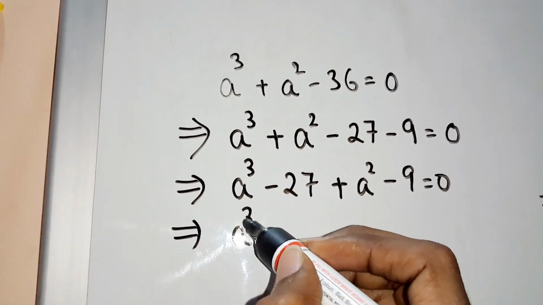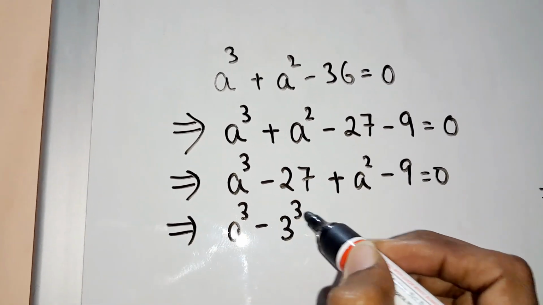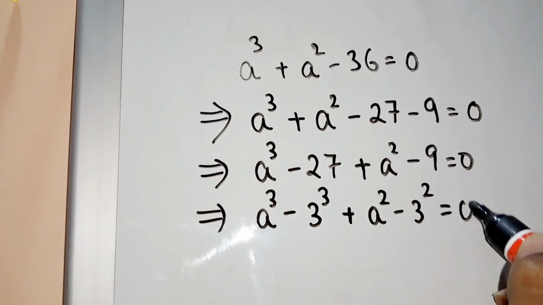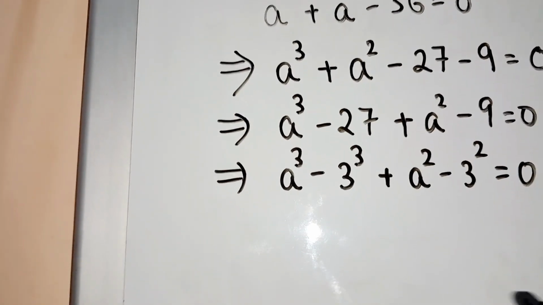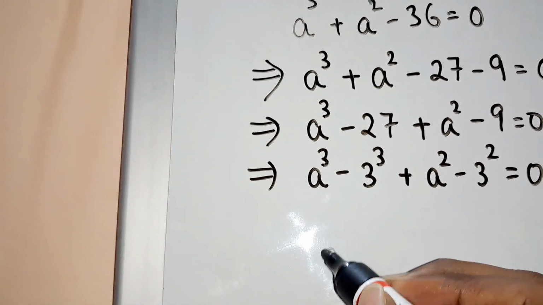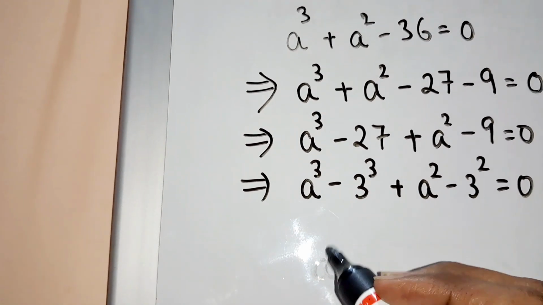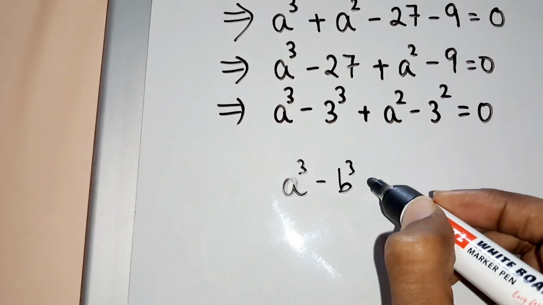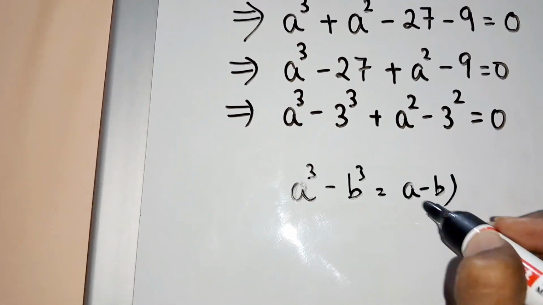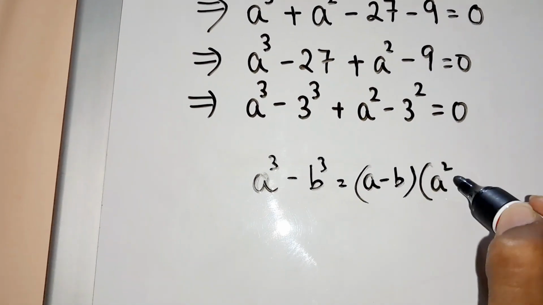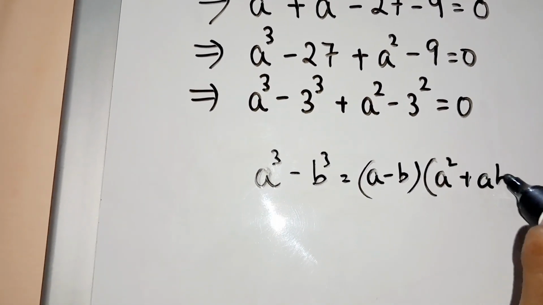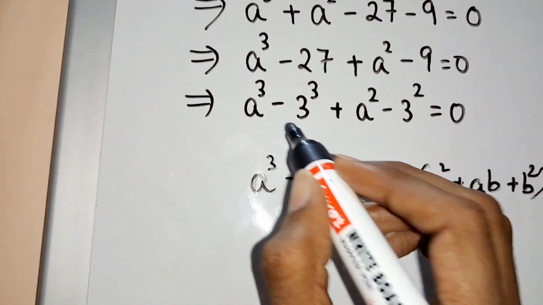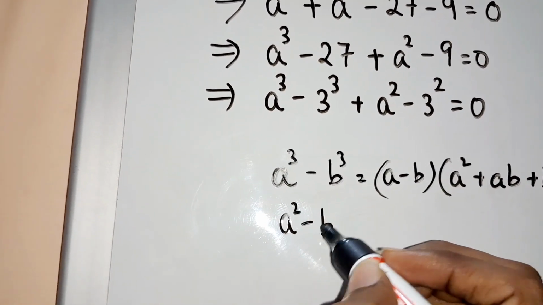Then it is nothing but 3 cube, and it is nothing but 3 square. And then we know that a cube minus b cube is a minus b into a square plus ab plus b square. This we know, and we just have to put it here. And what is a square minus b square?